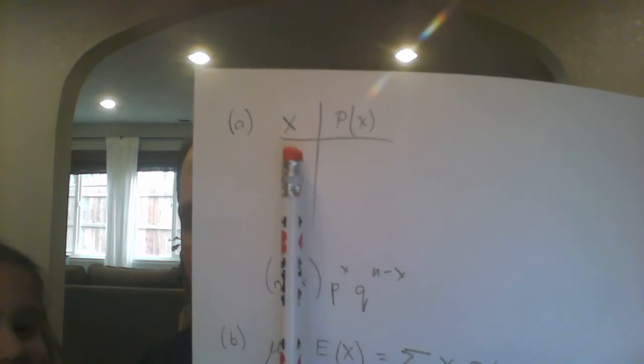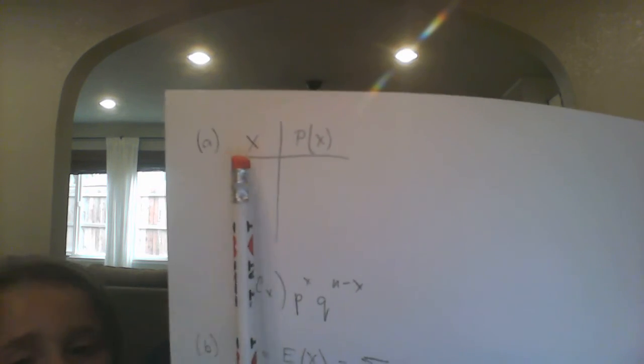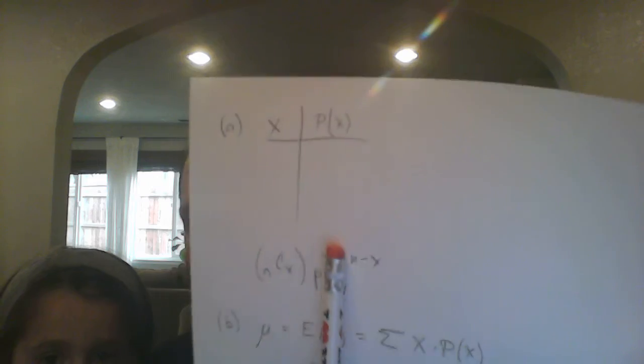So you're going to take your work from part A and put all of your values for x along the x-axis. You're going to put all the values for p of x along the y-axis, and then just draw a histogram. And then it says to comment on its shape. Well, you're going to say if it's skewed left, skewed right, bell-shaped, or whatever. You could also draw that histogram in StatCrunch if you want, but you're welcome to do it by hand if that's how you prefer to do it.